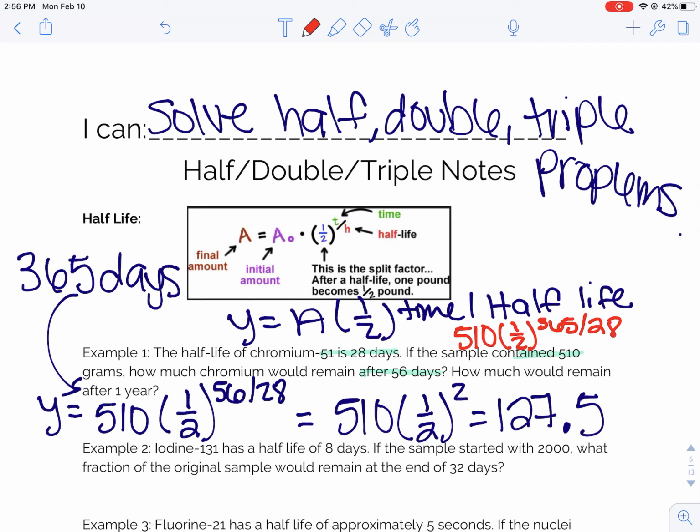If you don't want to simplify that fraction, when you go to plug that into your calculator, you need to make sure that you put the exponent in parentheses. And I get 0.06.